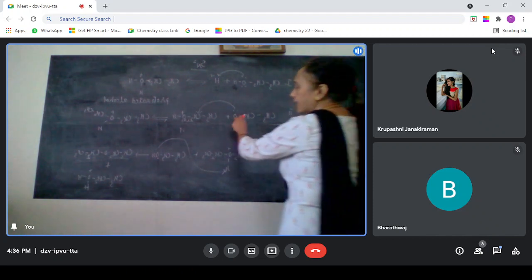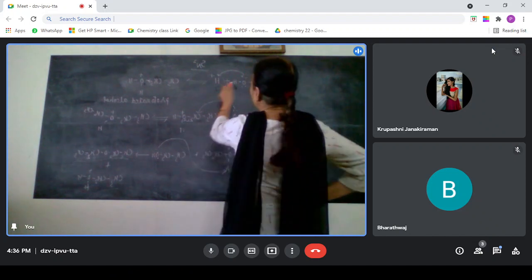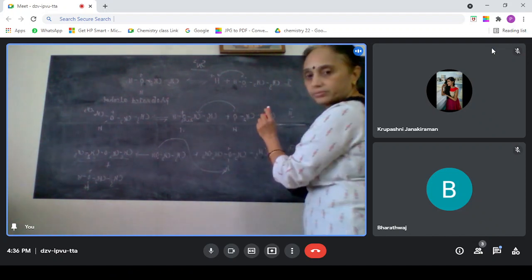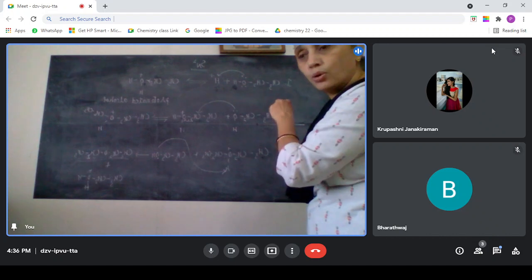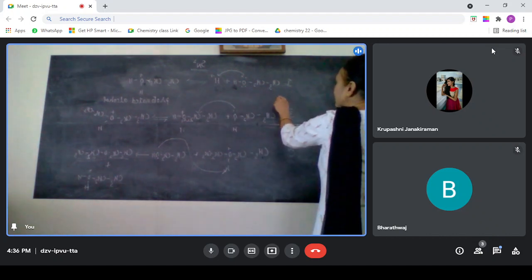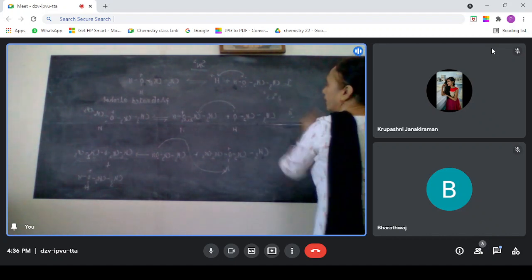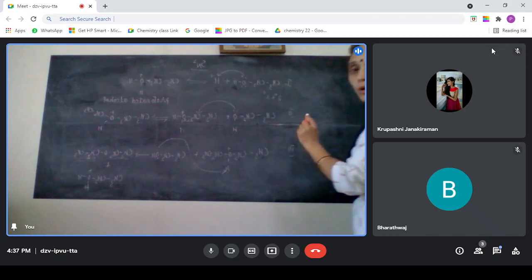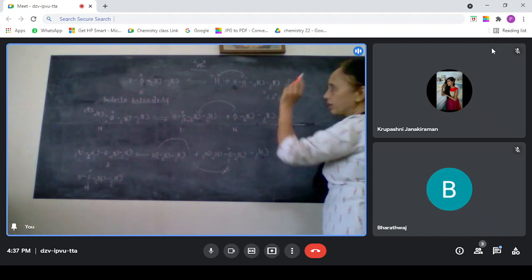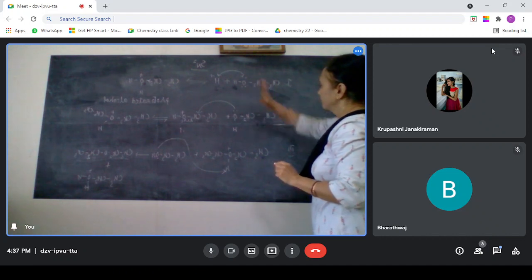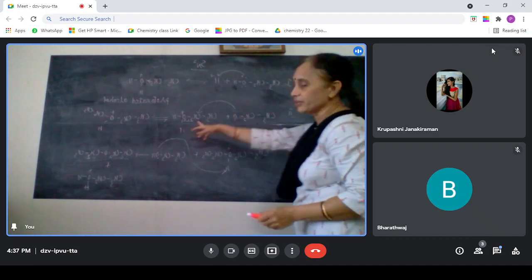If it is secondary or tertiary, they will immediately lose a molecule of water, forming stable 2 degree and 3 degree carbocations, which will lose a proton and form the alkene. So attack is difficult.